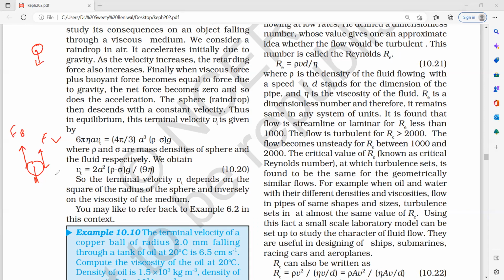So the net force will be zero, acceleration will be zero. So it will be moving with a constant velocity, and that constant velocity will be termed as terminal velocity.